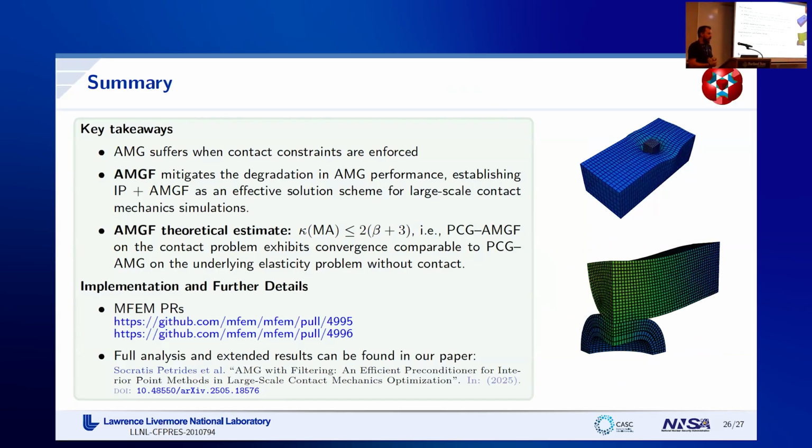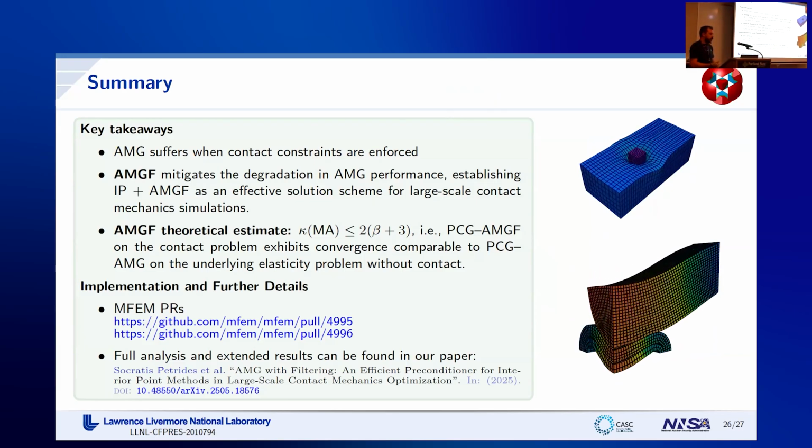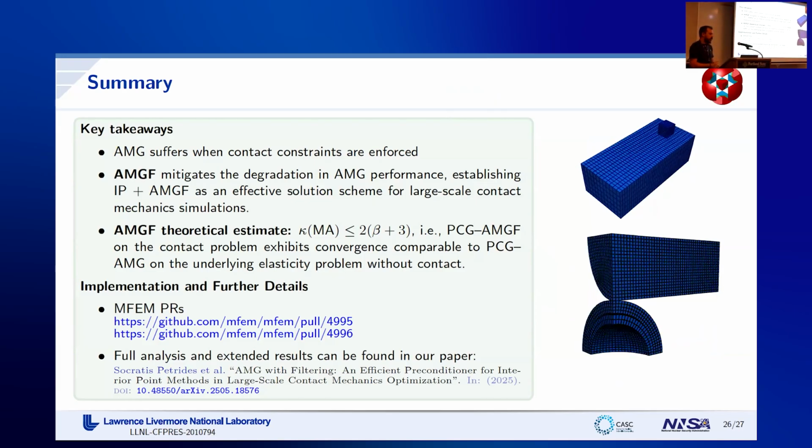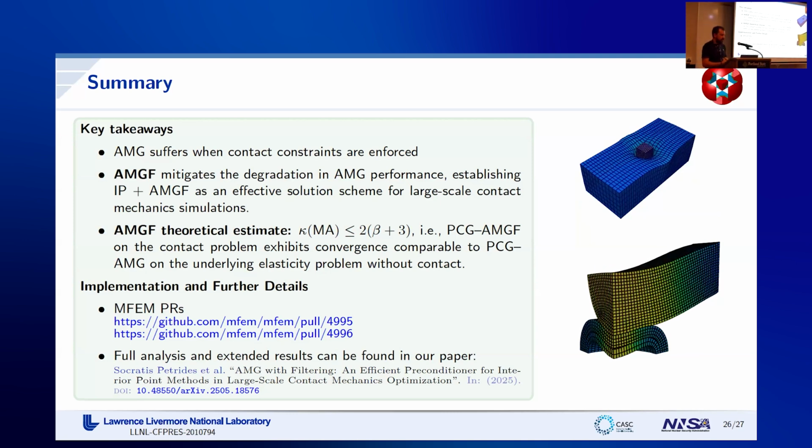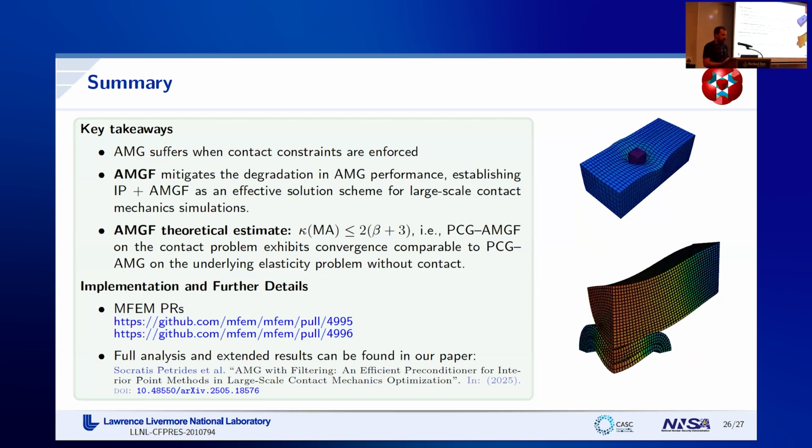Okay, thanks, Socrates. Very nice presentation, very impressive results. Just a very small practical question. For the contact surface in MFEM, how do you identify the degrees of freedom on the contact surface? Because you have to do it every time step, right? Yes.